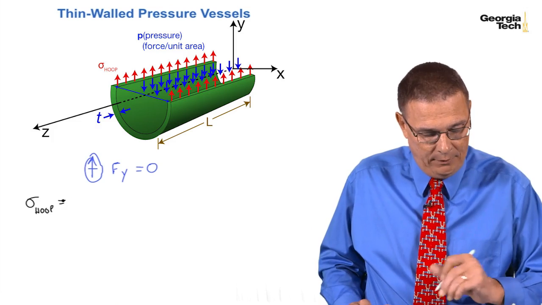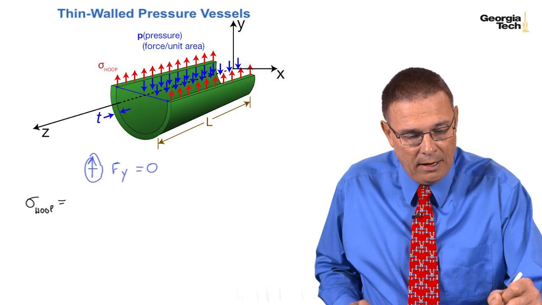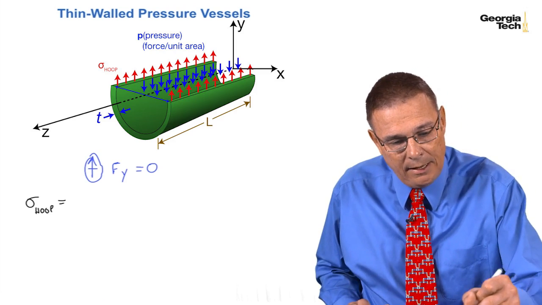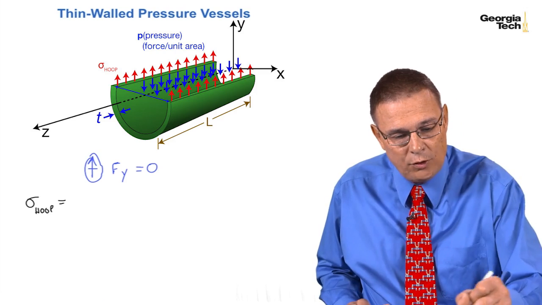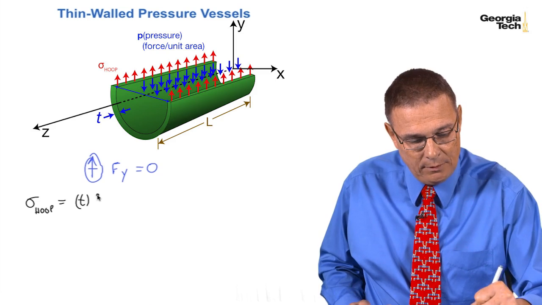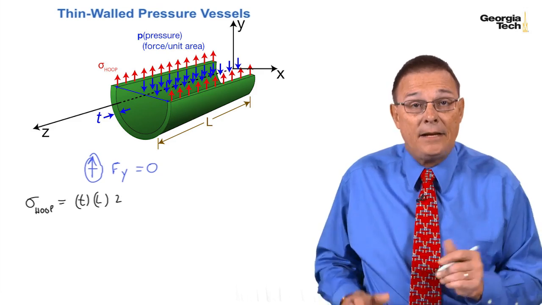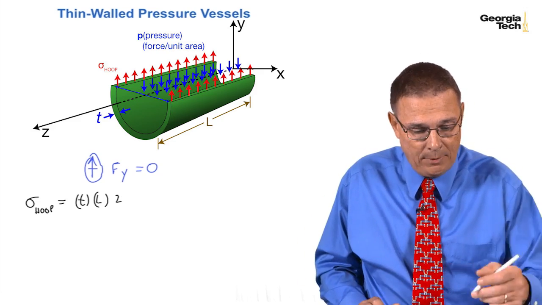So on one side the area would be the thickness times L, and we have two sides here, so 2 times the thickness times L is the overall area that the hoop stress is acting on for this particular cut.